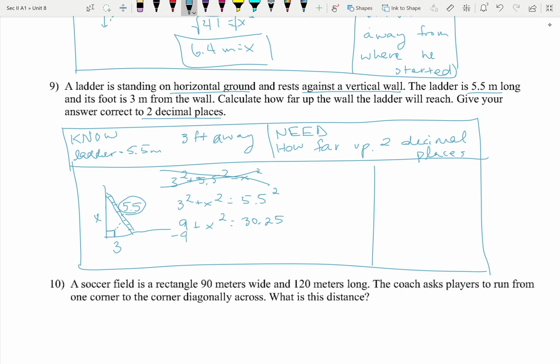Subtract 9. And we get x squared equals 21.25. And now we need to take the square root of that. And we get x equals 4.6 meters. So the ladder is 4.6 meters up the wall.